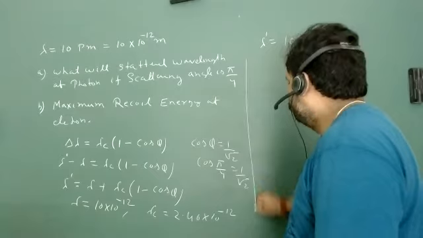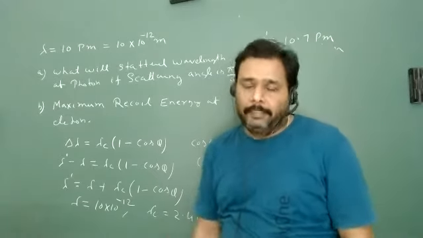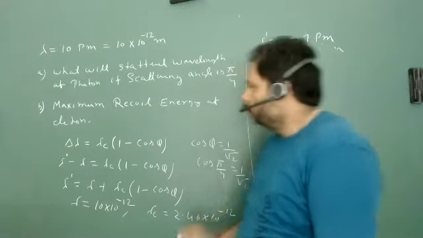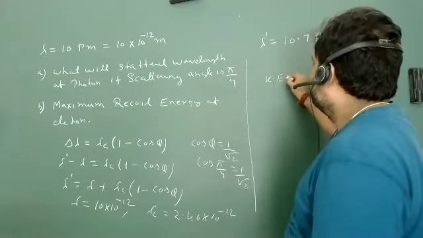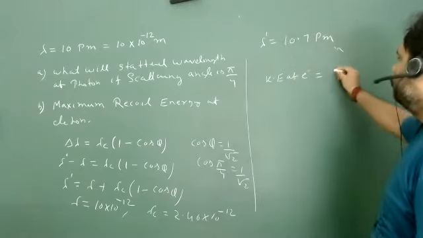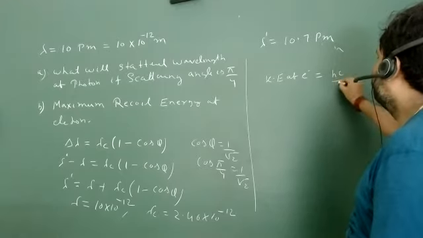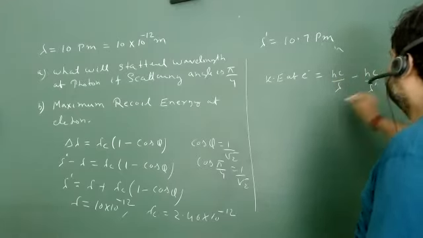Now, the second question is more interesting. We have to calculate the maximum recoil energy of the electron. What is the meaning of kinetic energy of recoil? The kinetic energy of the electron is equal to hc upon lambda minus hc upon lambda dash.